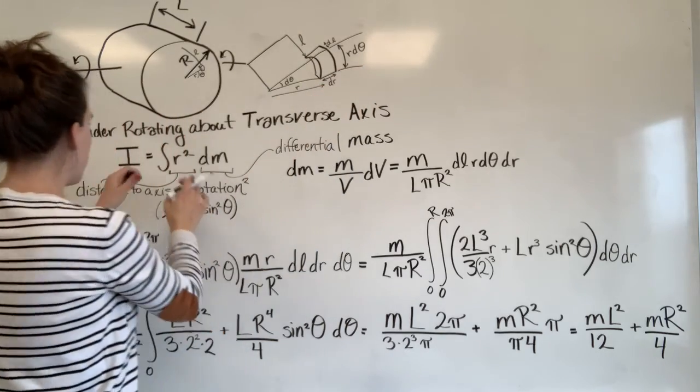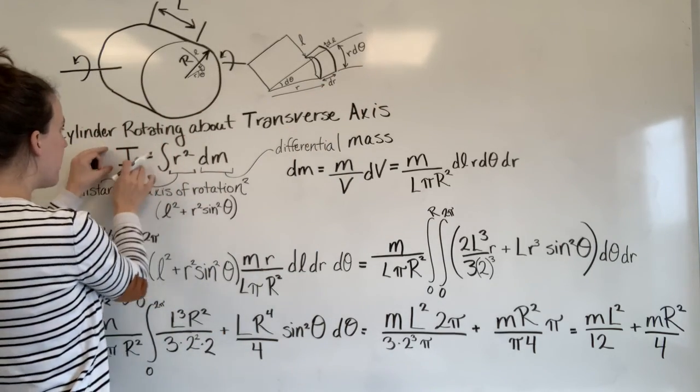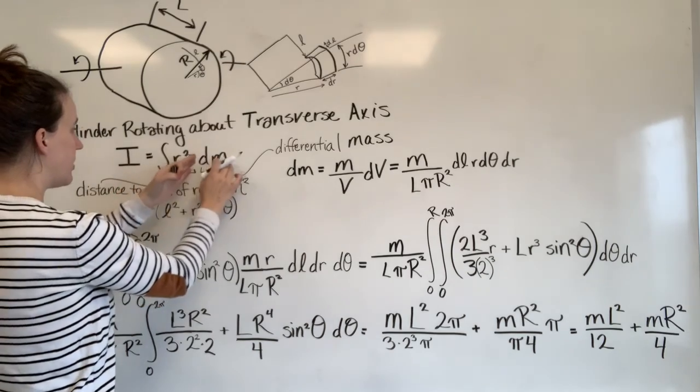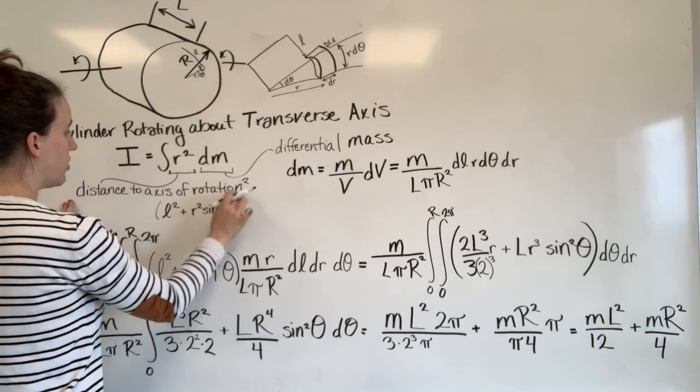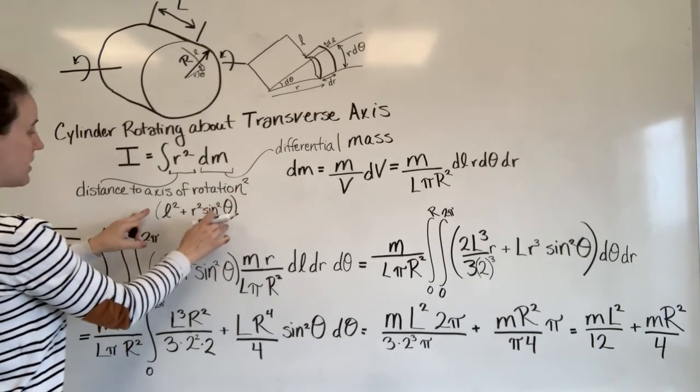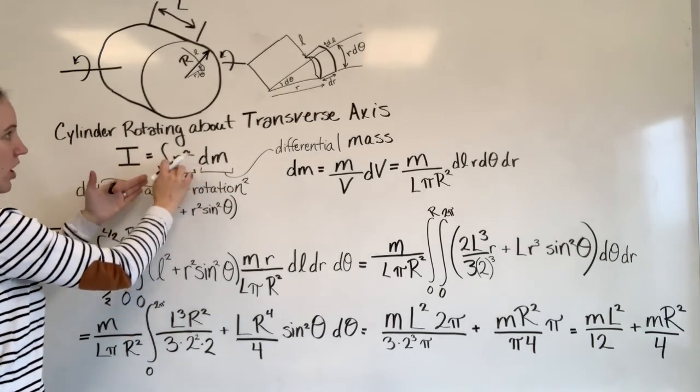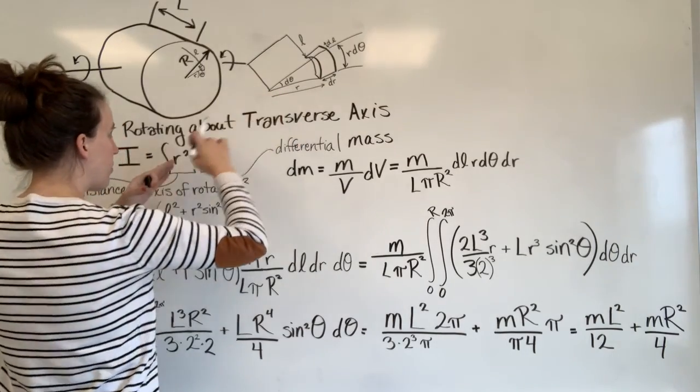Okay, so now let's go back to our moment equation. The moment of inertia is going to be the integral of r squared dm, and this r squared is the distance to the axis of rotation squared. So in this case, it's not this generic r, not specifically this radius direction.